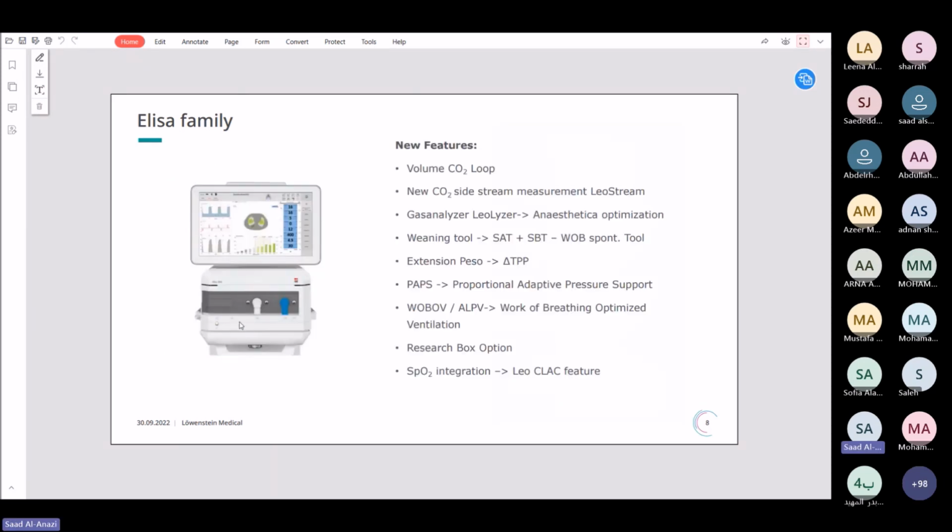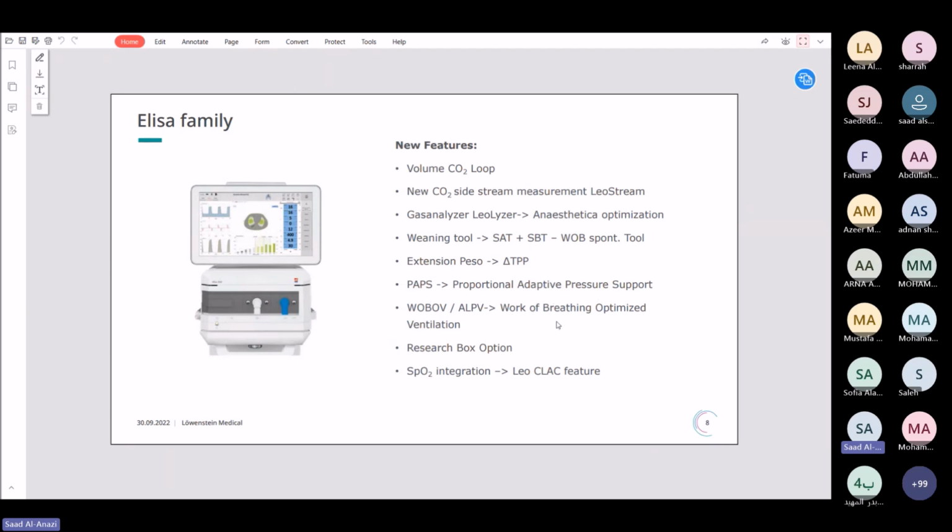So what is the ELISA family, the new features for that? We have volume CO2 loops, we have the CO2 side stream, we have gas analyzer for the ELISA 800, we have the weaning tools, as you see, the spontaneous breathing tools, and we have also a special mode, for example, the proportional adaptive pressure support.